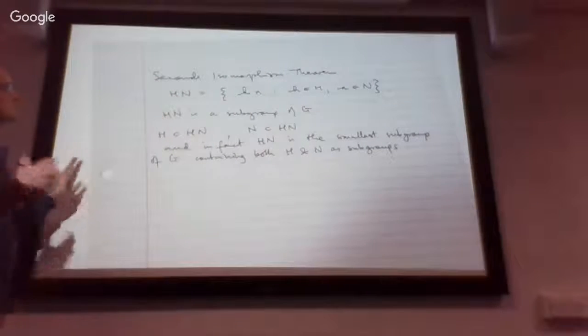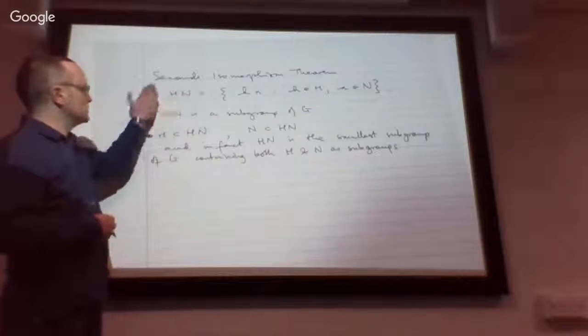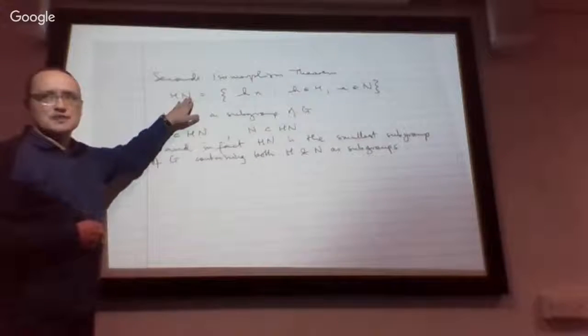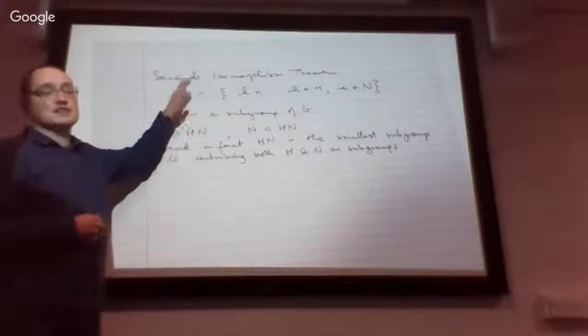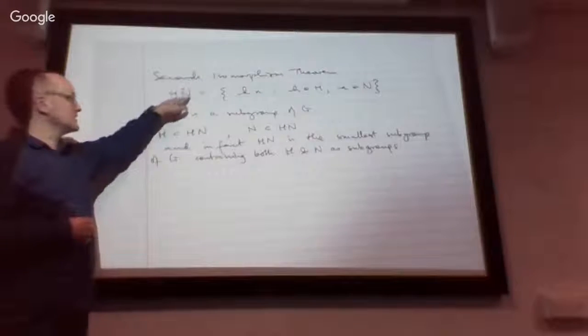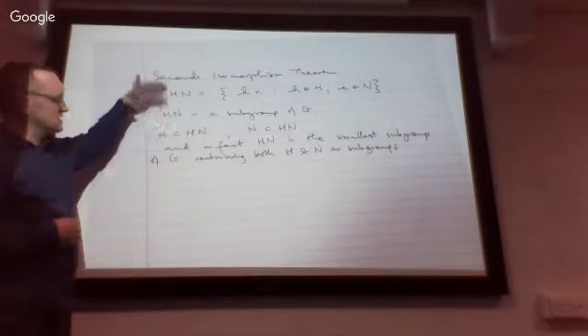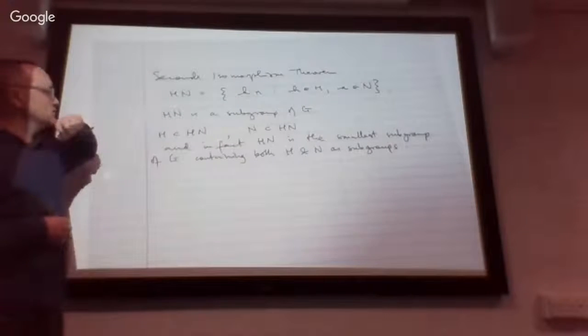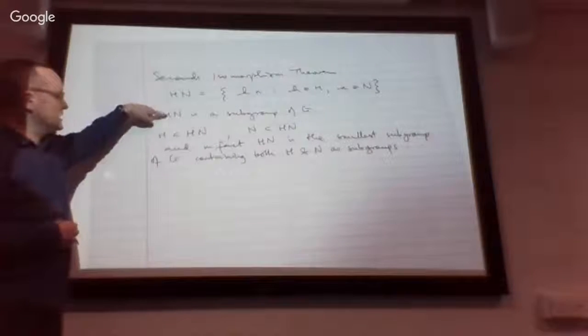So in the case where the group is non-abelian, it won't always be true that when you multiply any old two subsets together, any old two subgroups, that you get another subgroup. But in the case where one of them is normal, the fact that capital N is normal, you'll see when you look through the details of the proof, is that allows you to prove that H times N is a subgroup of G. So just a few remarks there. So HN is a subgroup of G.